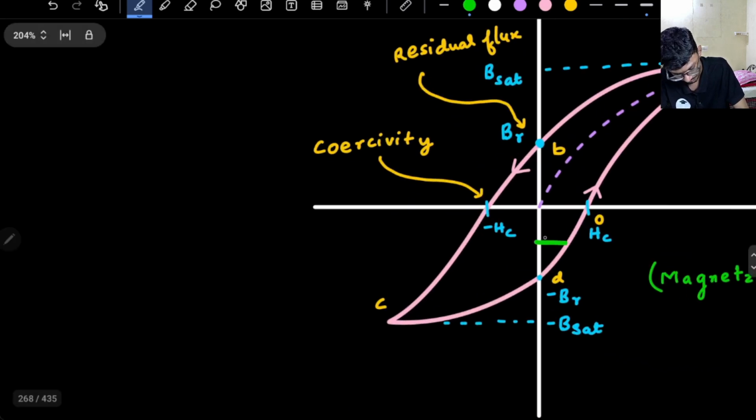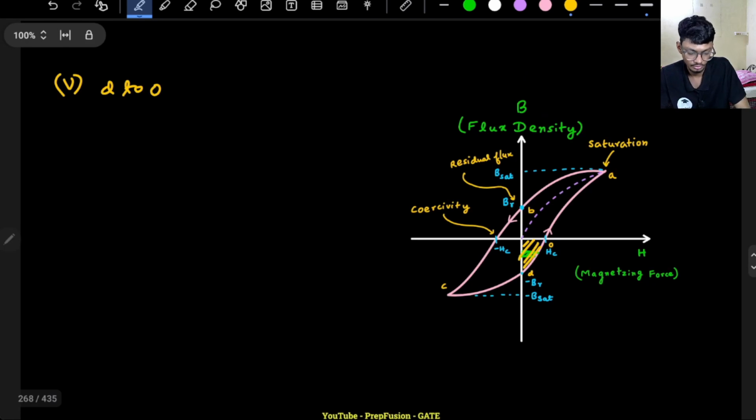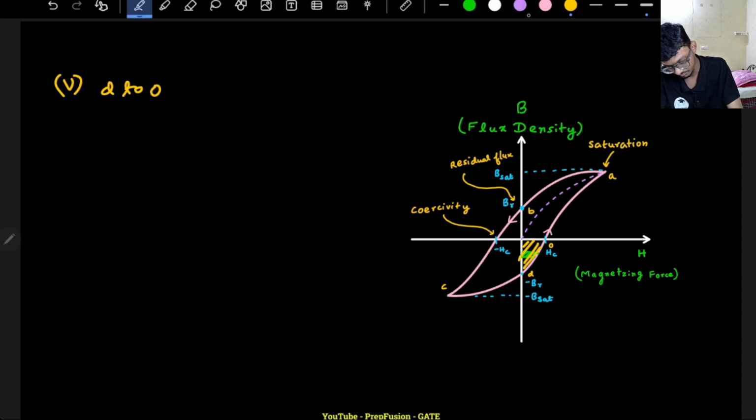This will be my strip and this will be the energy consumed. Okay, so I can directly say that this will be the energy, and here my dB is positive, the change in flux density is positive, so it is greater than 0. H is also positive. Okay, so H dot dl also will be positive, that means the material will absorb the power.